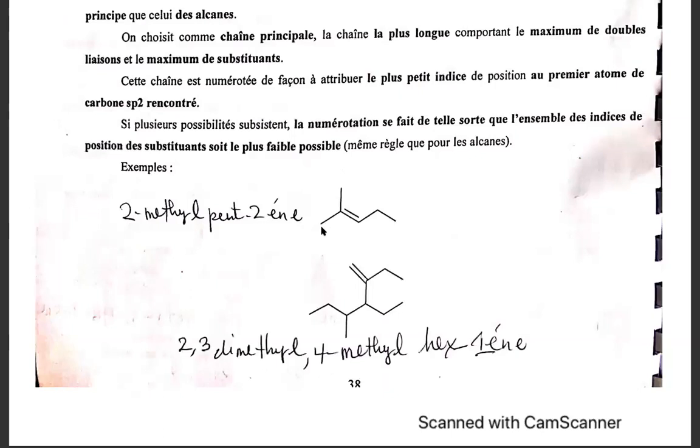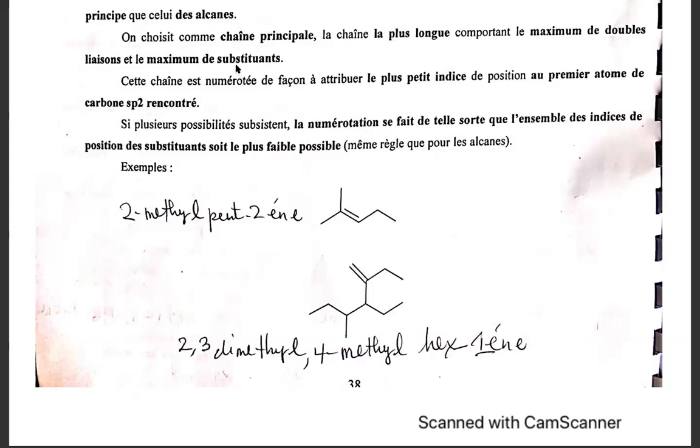So we are saying principle number 1 is look for the longest continuous chain. Now in this case, the longest continuous chain is this one here: 1, 2, 3, 4, 5. So 5. Now we know that the smallest index possible for the double liaison will be the direction from our left.